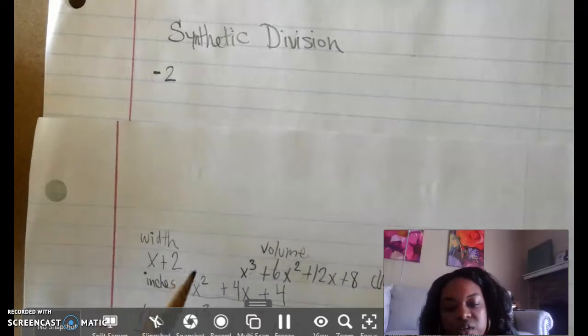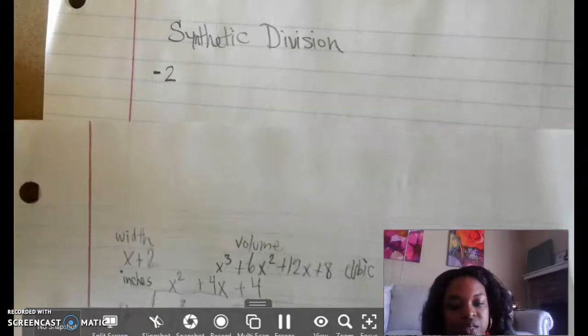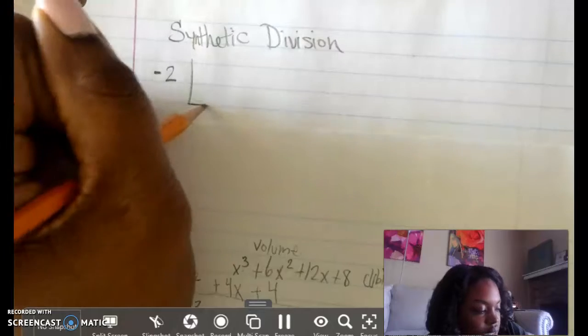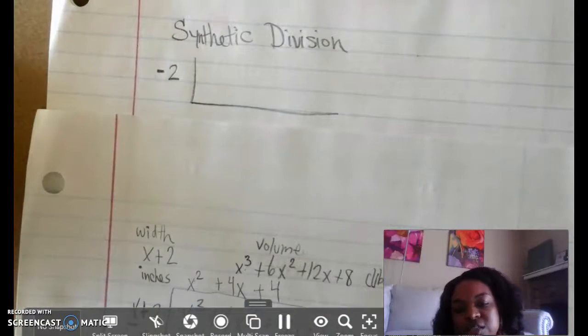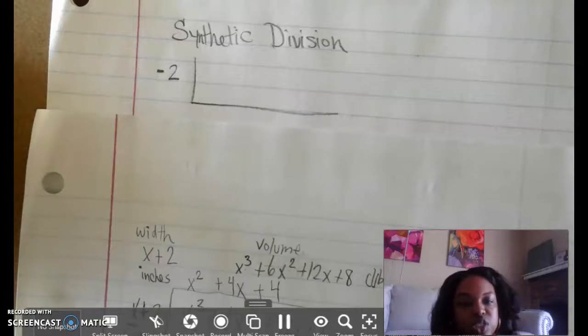So whatever linear term you're dividing by here, you just use the opposite number. Then inside our house, notice that the house is now a little upside down. So that's another way we kind of flip that long division idea on its head. Now we're talking about synthetic division, so we switch the house kind of.